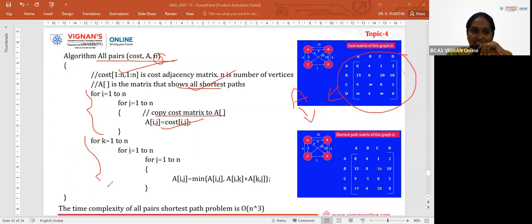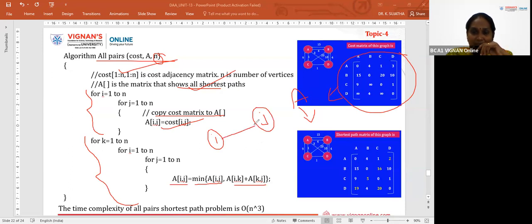Now, for the updation, we are using this loop. What I am doing in this loop is A[i][j] is equal to the minimum of A[i][j] comma A[i][k] plus A[k][j]. That is, i is a vertex and j is another vertex.